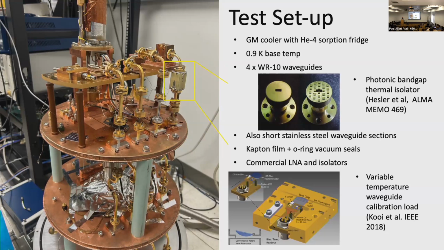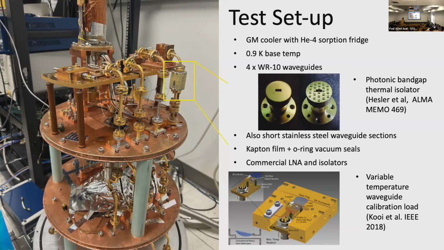The cryostat has 4 WR10 waveguides going in. Some of the thermal breaks are made with short stainless steel sections. And then there are also these thermal isolators, which are based on waveguide flanges that are just held close to each other, but one has a photonic band gap structure machined in it to prevent leakage of the power out.